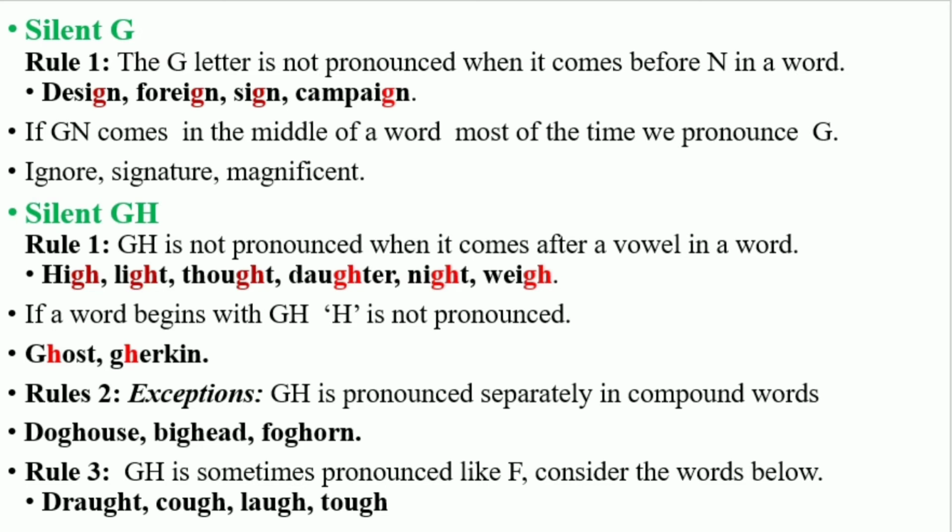The combination of GH is not pronounced when it comes after a vowel in a word. For example, high, light, thought, daughter, night, way. If a word begins with GH, H is not pronounced. For example, ghost, jerkin.